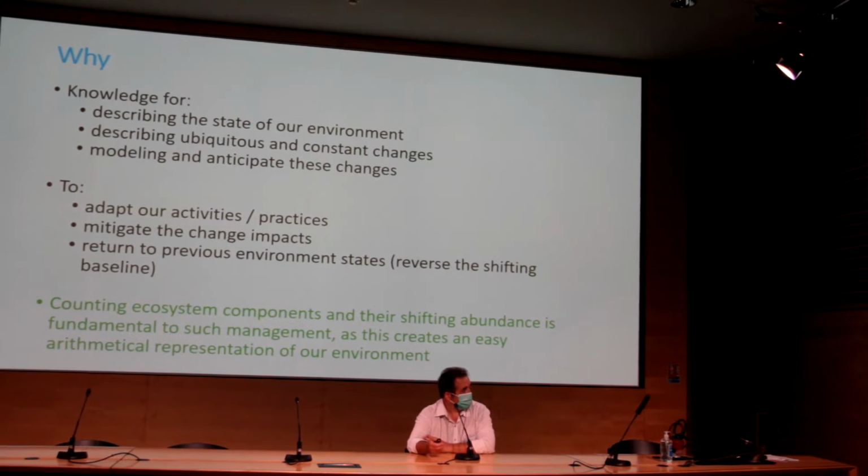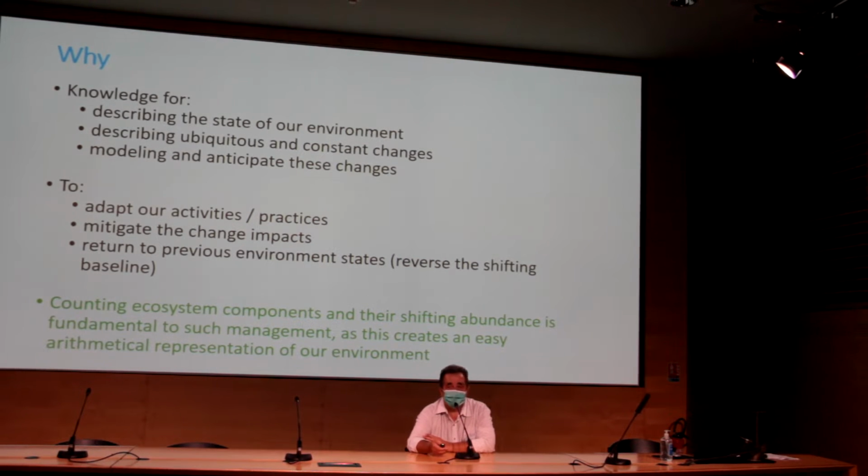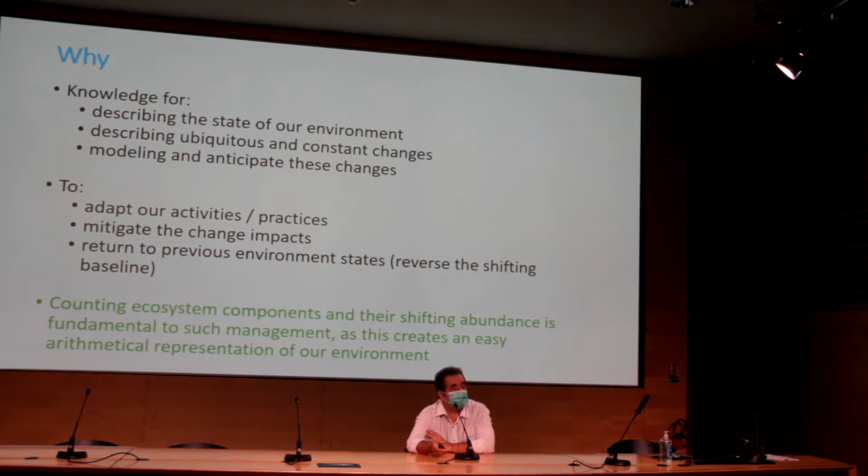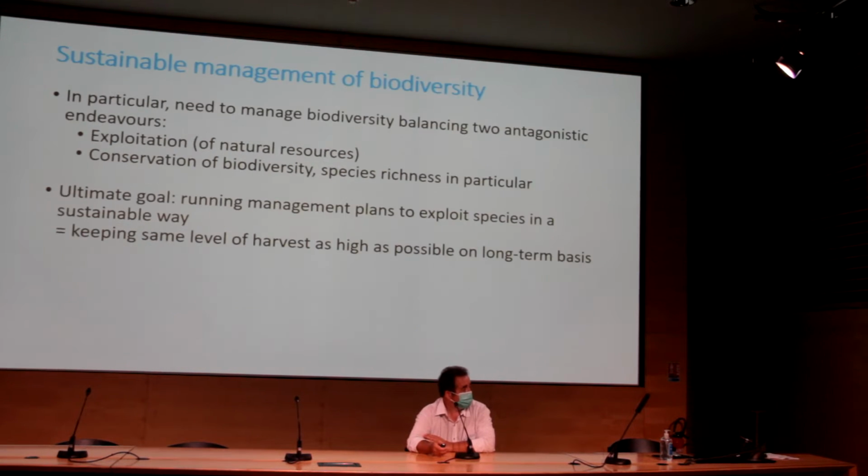Up to a point where sometimes we think that we can return to a previous environment state and then reverse the shifting baseline. So counting ecosystem components such as the number of species and their shifting abundance is fundamental to such management, as this creates an easy arithmetical description of our environment, a simple one that everybody more or less understands.